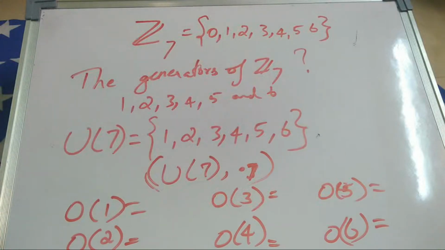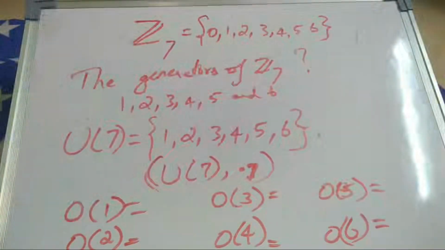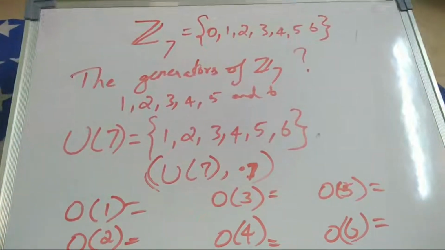Please be careful. 1, 2, 3, 4, 5, 6 will have their own orders in Z7. But now we have defined an entirely new set and an entirely new structure on this set. So the order will be different here. Try to find the order of each element in U of 7 under multiplication modulo 7.